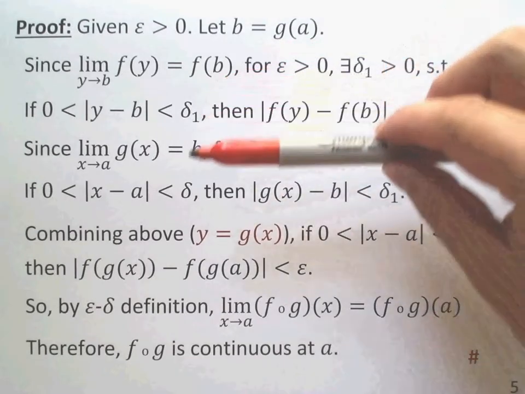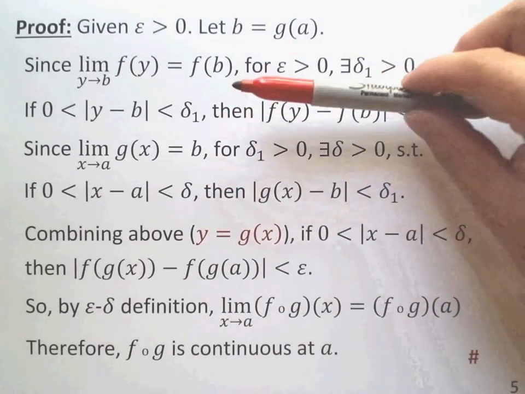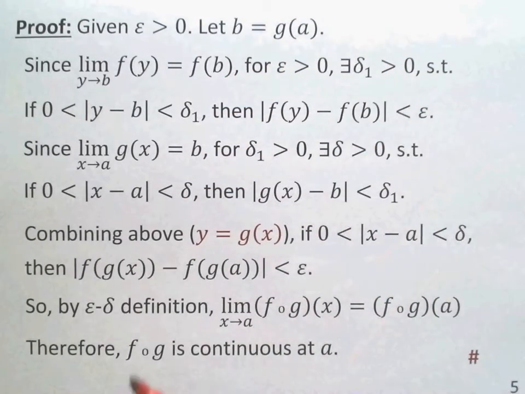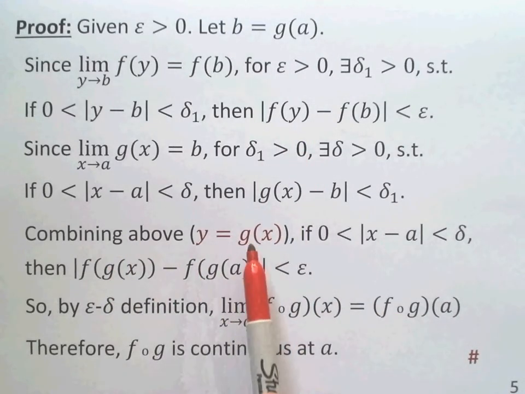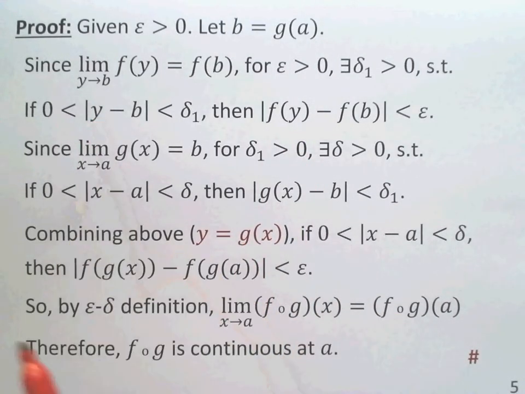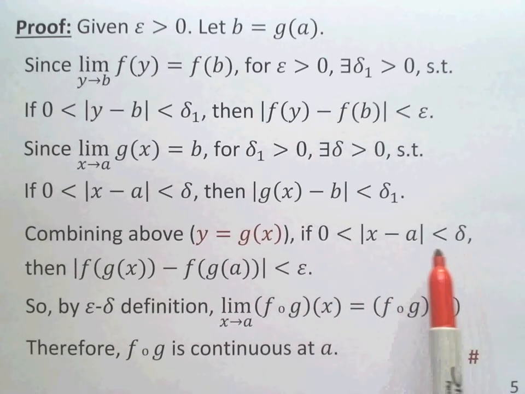So you can see, I put these two together, remember? The first, the second, put these together. Combine the above using y equals g(x), of course. This y is g(x). And then we have these results.